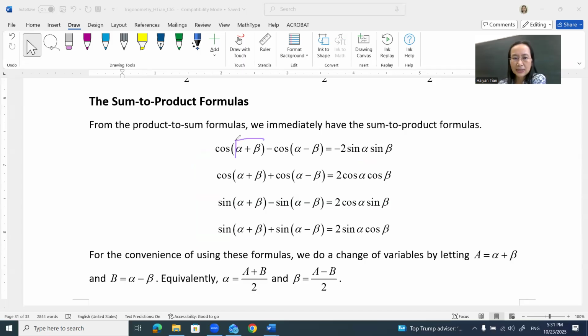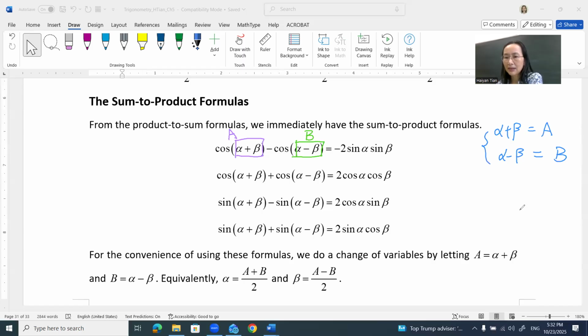Let's call this angle A, and the difference, let's call it B. So if alpha plus beta is A and alpha minus beta is B, then what is alpha?